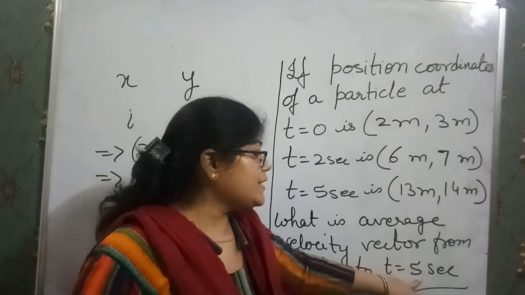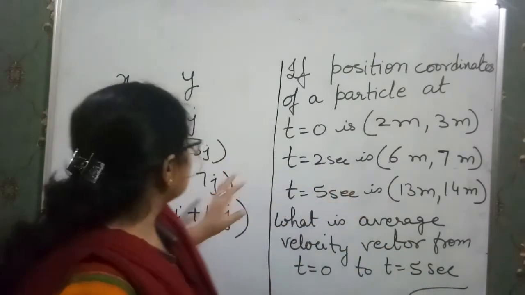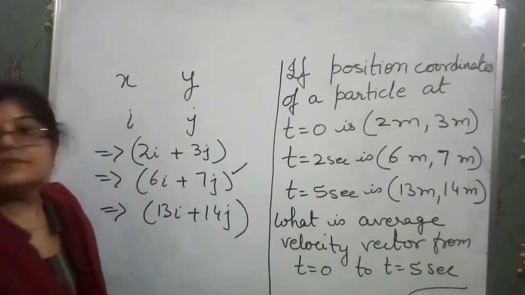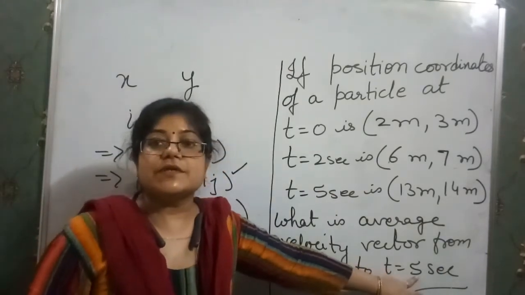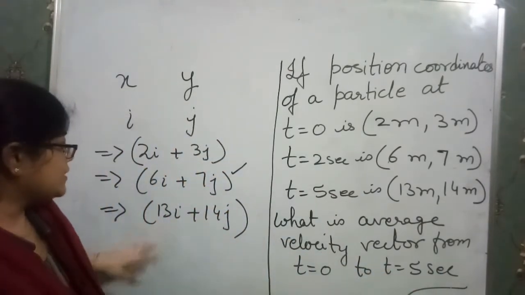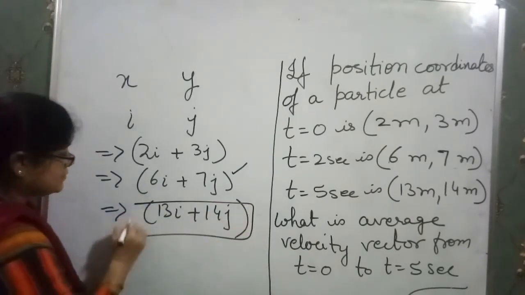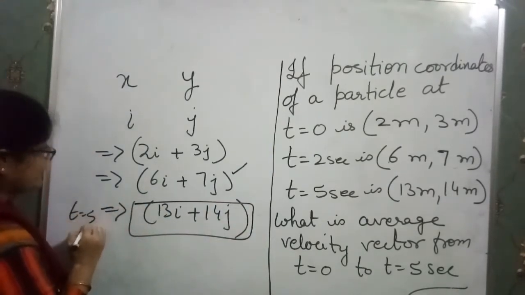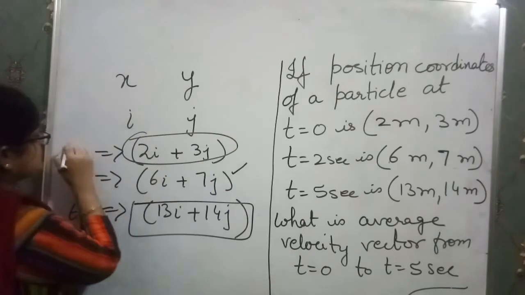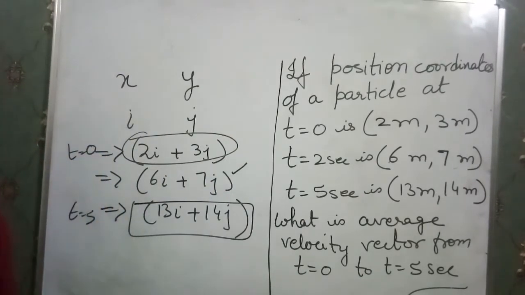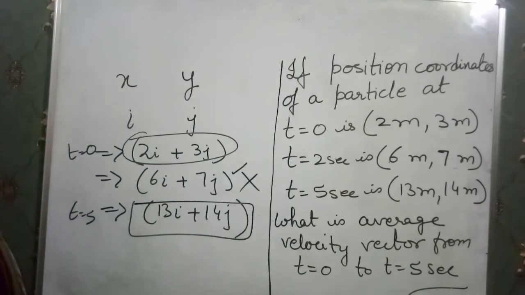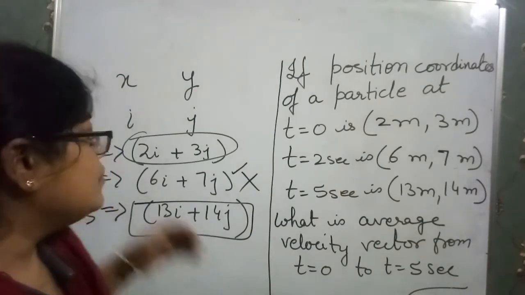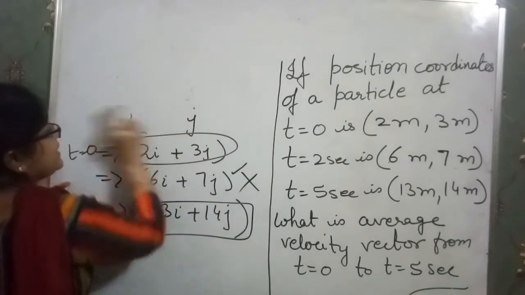If it were given that t is 2 seconds, then we would take the position vector of 2 seconds. But here it is given, take the position vector at 5 seconds. So I will take the position vector at t equal to 5, and the position vector at t equal to 0. And there is nothing we have to do with that. Clear? Now see how we proceed.